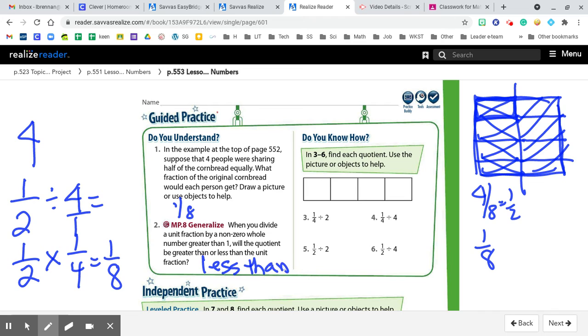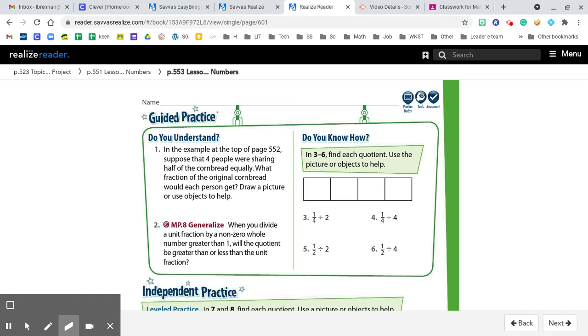Even if you're dividing by a whole number, like we divided by 4, we're still going to wind up with something smaller than, we're never going to get a whole number. So it's always less than.